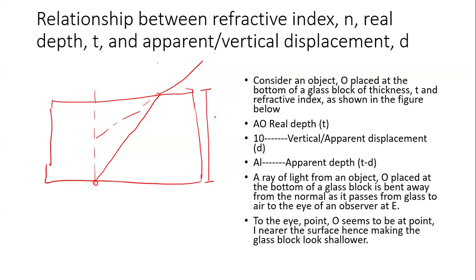And this is what we call the thickness. So the real depth is what we are representing with T. Then I have told you already that this distance up to where the object is, this is where we have our image. So this distance here is what we are calling the apparent displacement, and we shall call it D. Then we shall go on and call this one A.